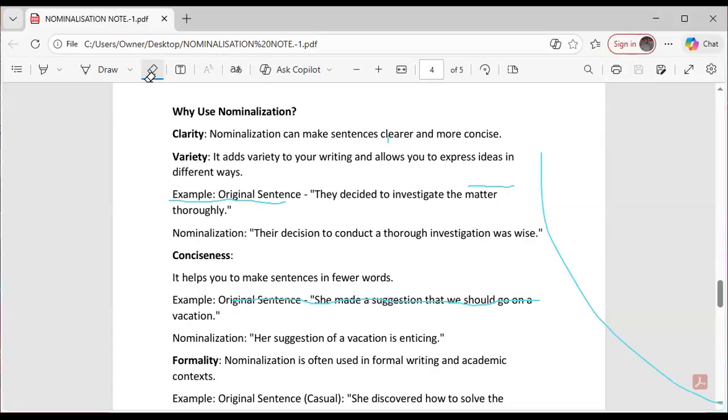Okay, let's say we're having a family get-together and someone is giving a suggestion. And then we're like, wow, it's long overdue. We need to go and unwind and all that. But someone comes up again and says, her suggestion of a vacation is enticing. The same expression, but in different ways. And it makes you say a lot using fewer words, instead of saying: she made a suggestion that we should go on a vacation.